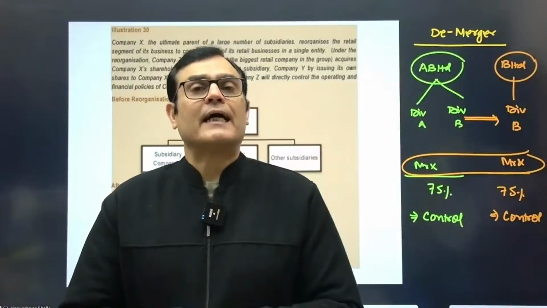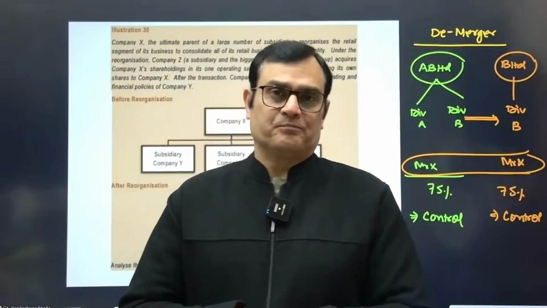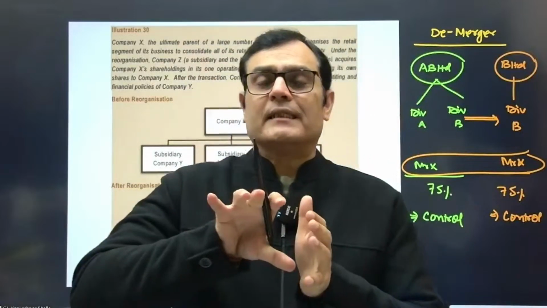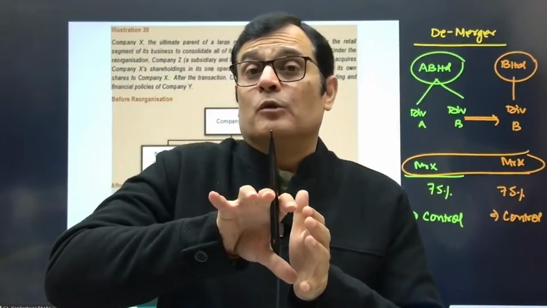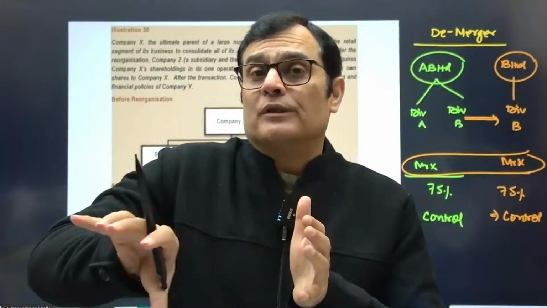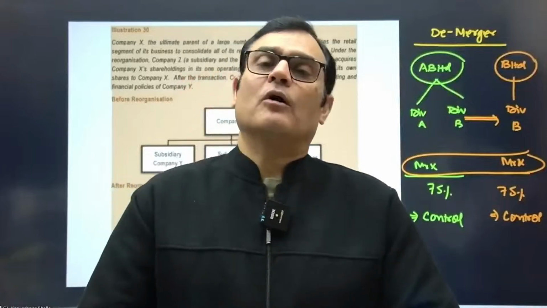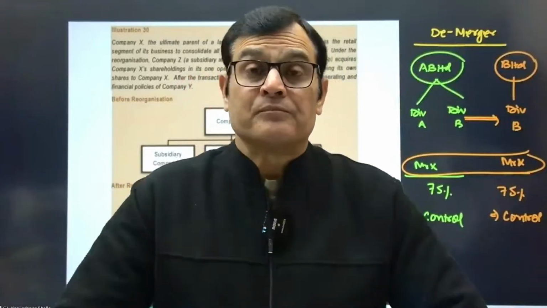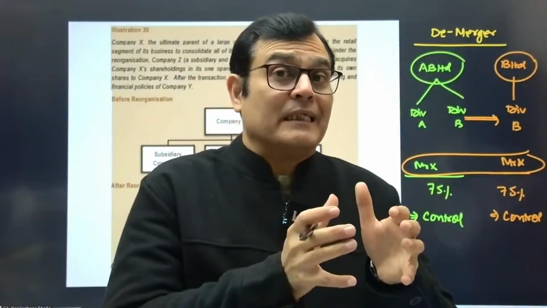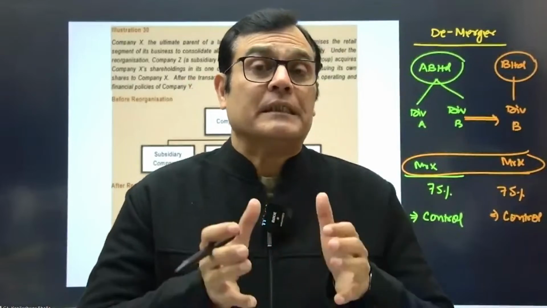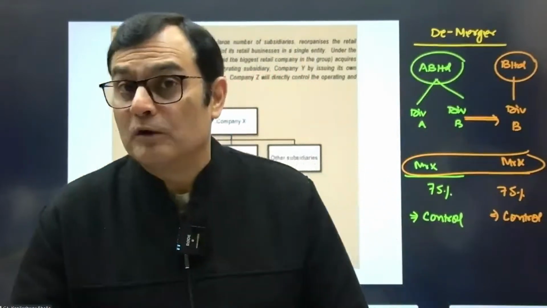And they called it the pooling of interest method. So this was, you can say, a kind of a situation where you've given exceptions only to related parties. You said, okay, if there is a transaction between related parties, we are going to offer you a book value accounting. Because earlier, as per the ICAI in terms of AS 14, the book value accounting was open to both related and unrelated parties.